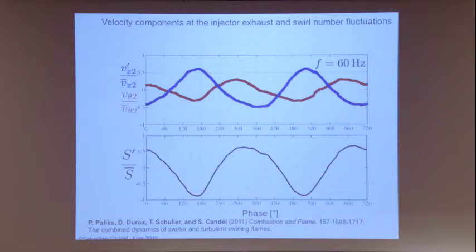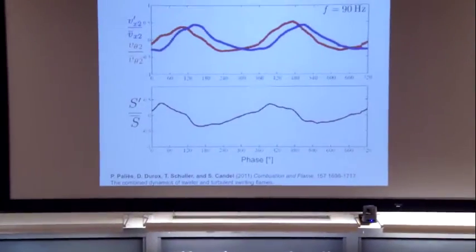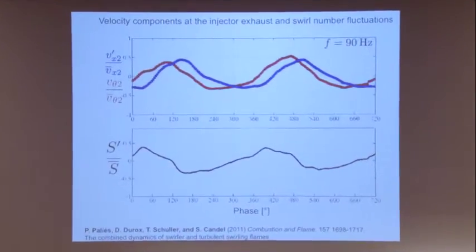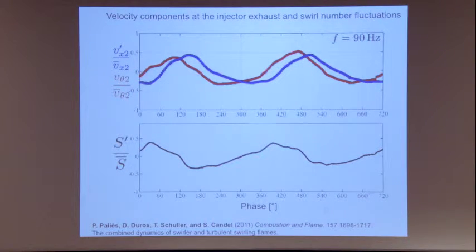So they are somewhat sinusoidal. Here, not so much. So you have higher harmonics, because the flame is like that. You see the swirl number fluctuation has a weird shape, but periodic. Any other question?